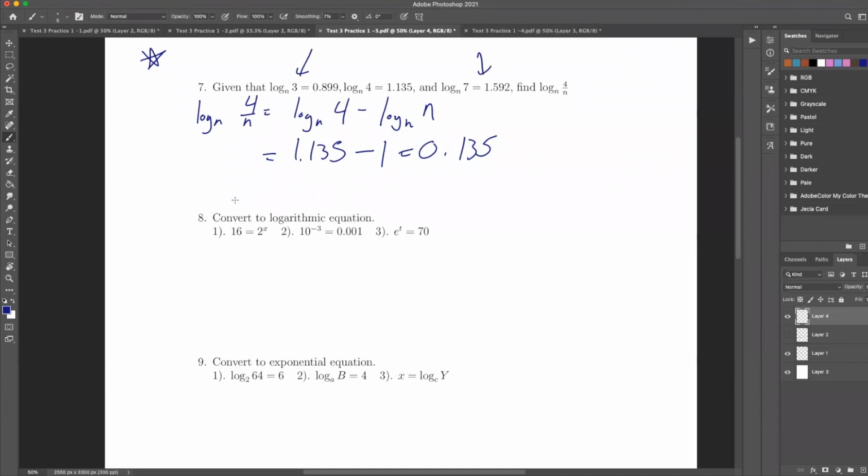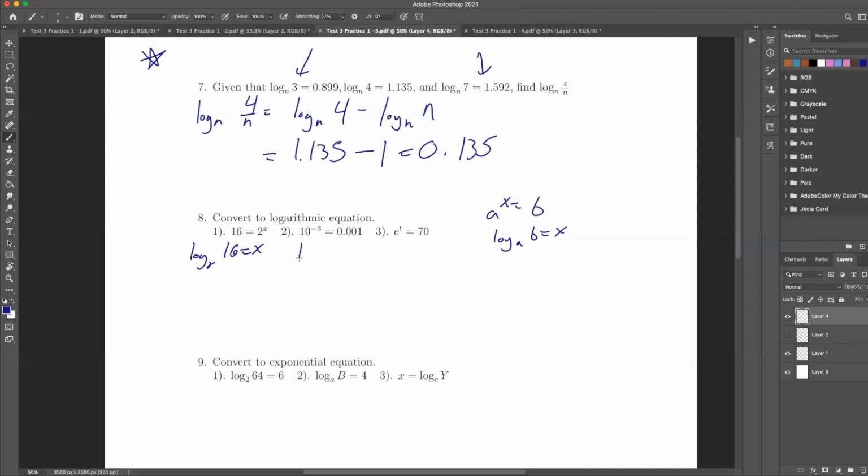So here we're going to convert logs and log equations, and so remember that a to the x equals b is the same thing as saying log base a of b is equal to x. Okay, and so we're just going to use this to rewrite all these. And so here we'll have log base 2 of 16 is equal to x.